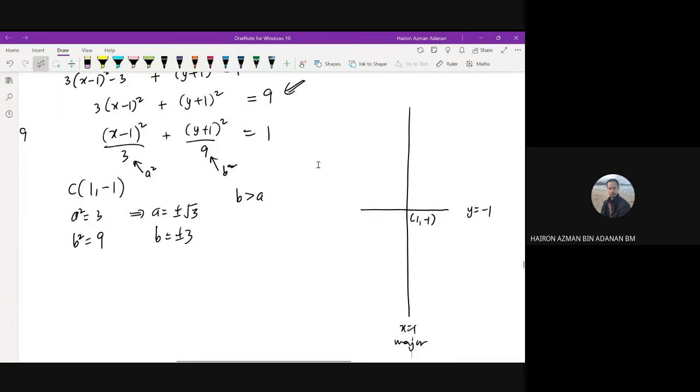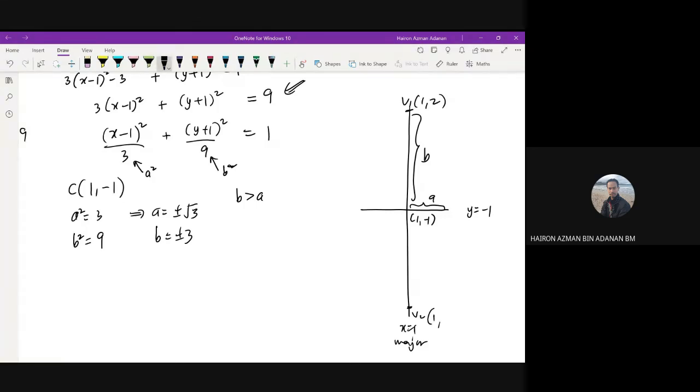Major axis. Okay, so let's look at its vertices, first and second vertices. Okay, what are the distances for the vertices? This distance must be b, this distance must be a. So what value do you need to change? The y value. So this one is 1. Okay, negative 1 plus b, b is 3. So negative 1 plus 3 is 2. 2 here, this one 1.